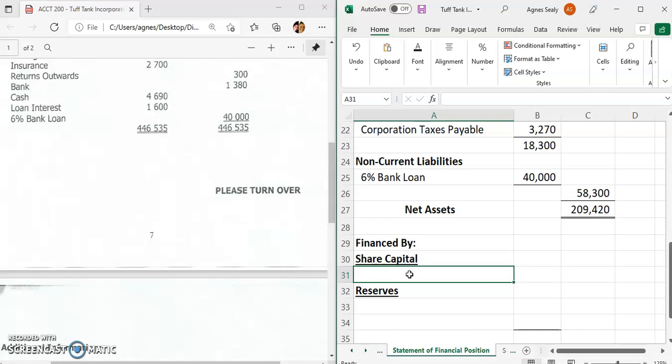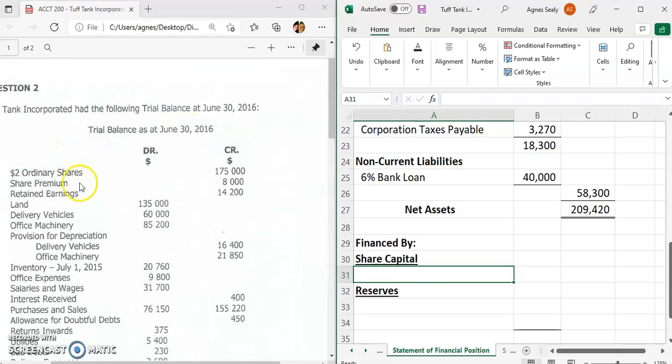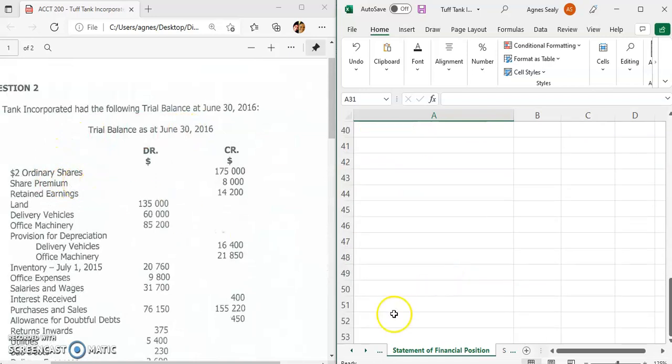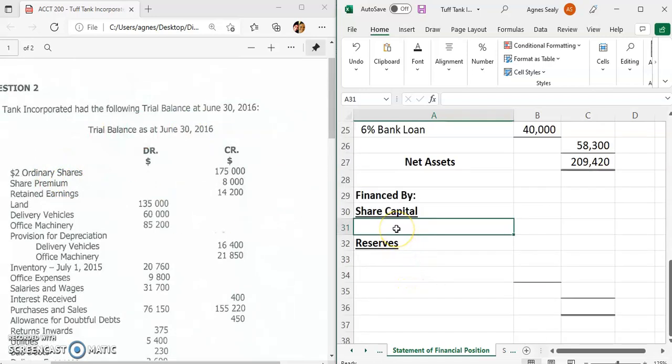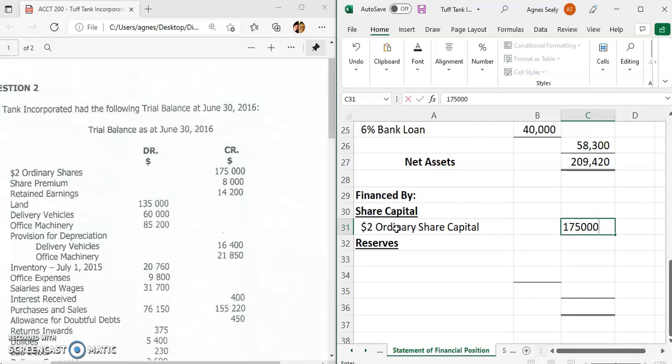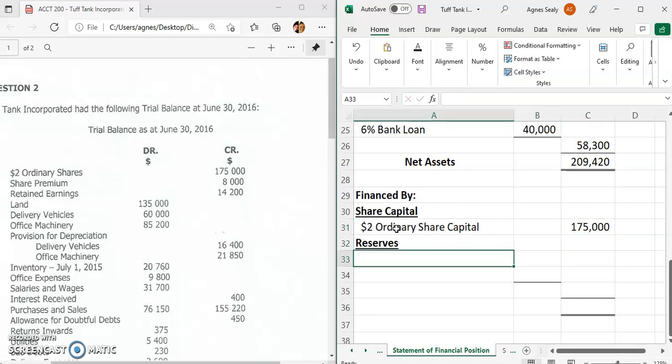So then we go to our finance section, and if you have your share capital, which is ordinary shares and preference shares, you would enter those. So we have a $2 ordinary share, so that is $2 ordinary share capital of $175,000. And our reserves, we have share premium of $8,000, and our retained earnings.